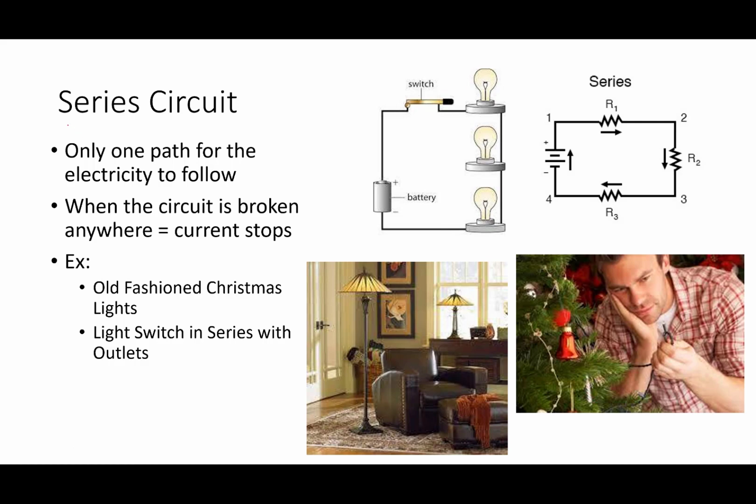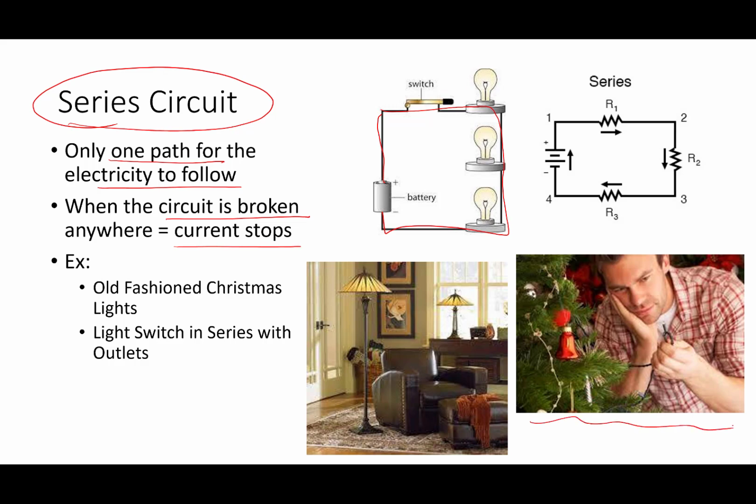Now, in a series circuit, there is just one path for the electricity to follow. The electricity goes through every single one of the appliances and then back to your power source. One of the properties of a series circuit is that if the circuit is broken anywhere, the entire circuit stops. This can be maddening if you're talking about Christmas tree lights.